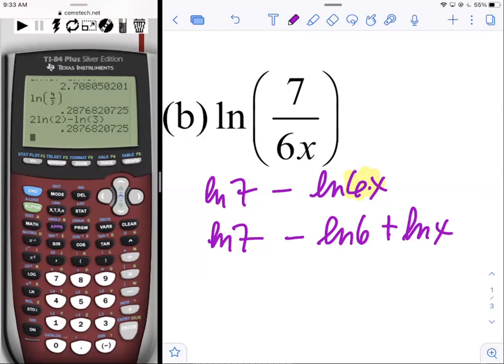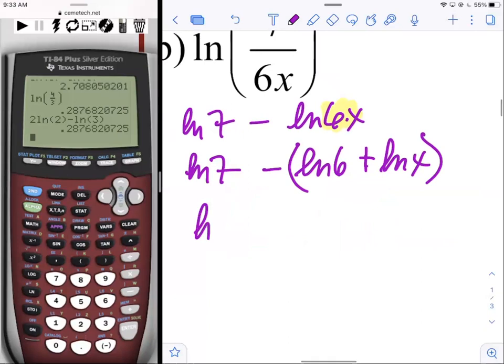No, because I'm missing the all-important parentheses. This is why, oh, wow, I'm working in the denominator. Now, if I distribute it, I get the natural log of 7 minus the natural log of 6 minus the natural log of x.